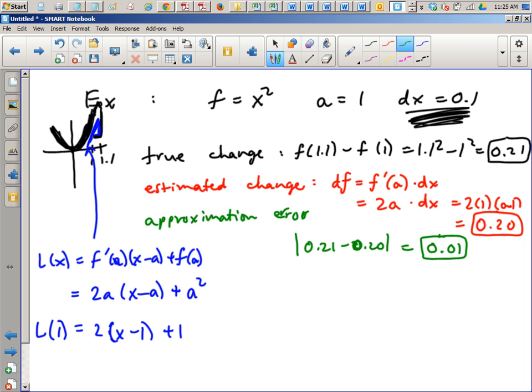I'm going to color code everything. You've got your black segment in the picture. That's this vertical one. This is delta f. The little red one right here, that's df. And the green one, there is your approximation error. So it's basically black, red, green. Okay, you do not have to draw a picture.